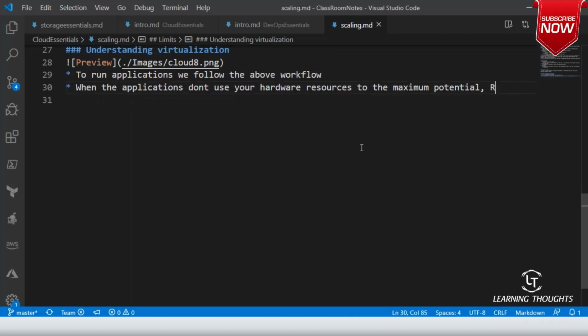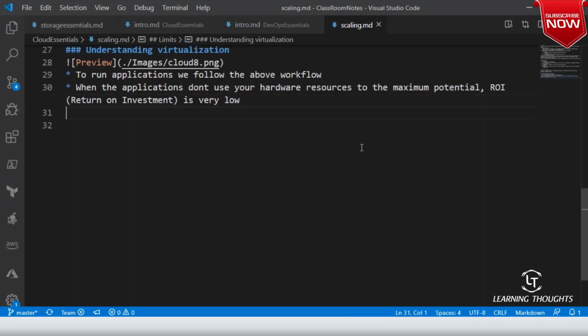I'll put it in a technical term, ROI, return on investment. Return on investment is very low. Okay, and no organization wants that. No organization wants that. So this is where a wonderful solution came into existence.